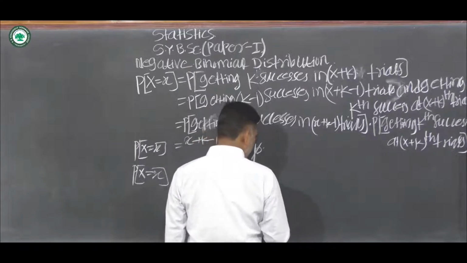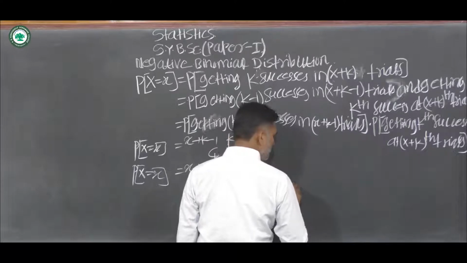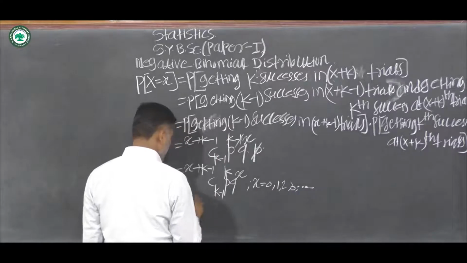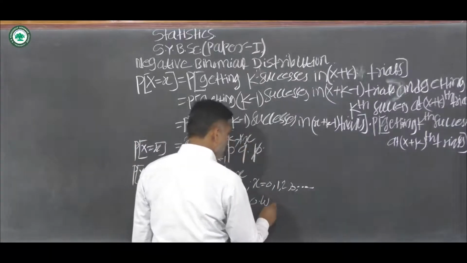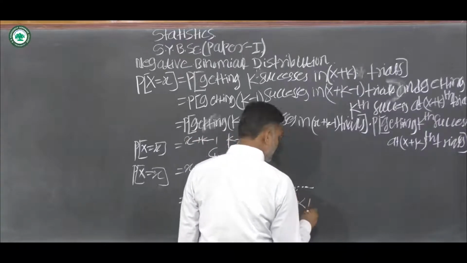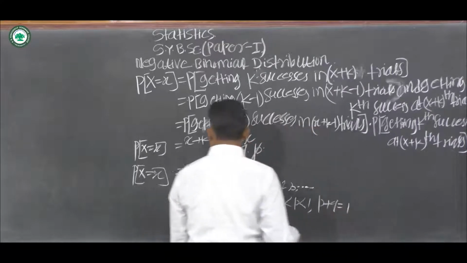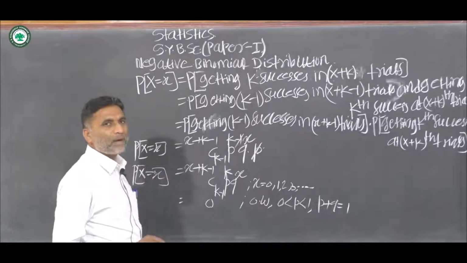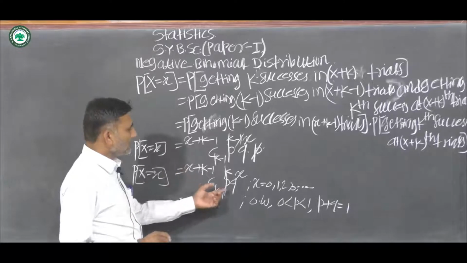Here x takes values 0, 1, 2, 3, and so on, and 0 otherwise. Here 0 less than p less than 1, p plus q is equal to 1. This is the probability mass function of negative binomial distribution with parameters k and p.